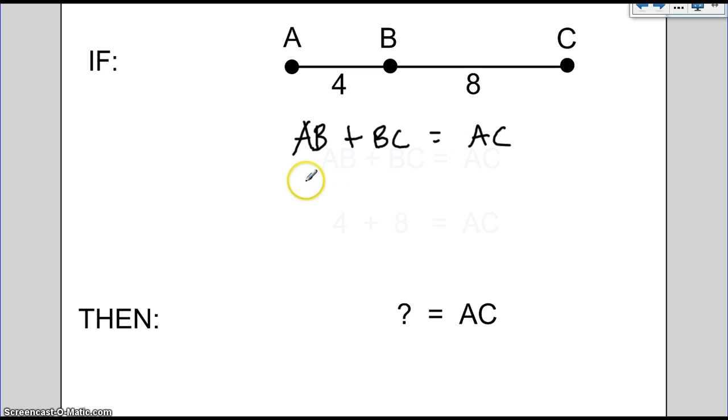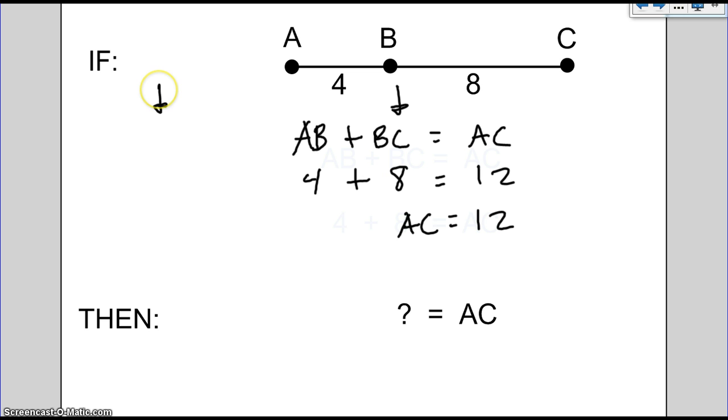Well, what's AB? 4. What's BC? 8. 8 plus 4 is 12, which is what you said, right? So now I need to know that AC, which is what I was looking for, gives me 12. So this is what I did. Well, why did I do it?